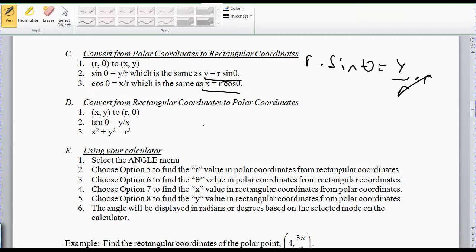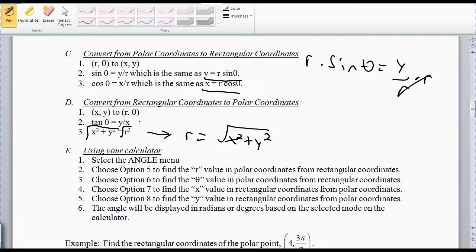And then we're also going to go the other direction, from x comma y to r comma theta. In that case, you're going to be given x comma y, and we can use x squared plus y squared equals r squared, which is better used as r equals the square root of x squared plus y squared. That's what we really want to use. And once again, I'm just taking the square root of both sides, ignoring the minus.